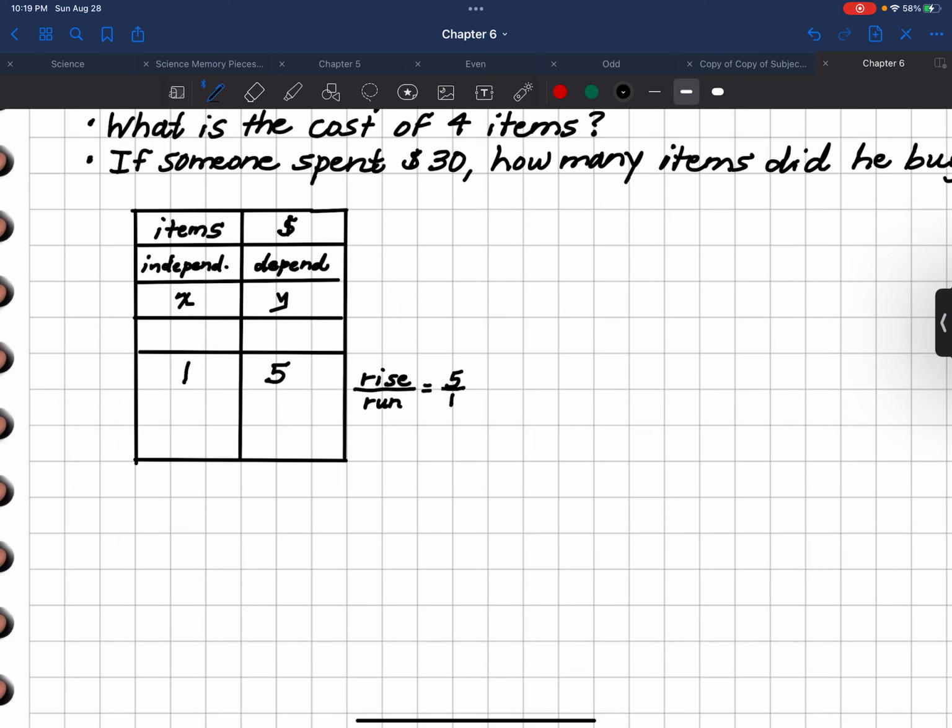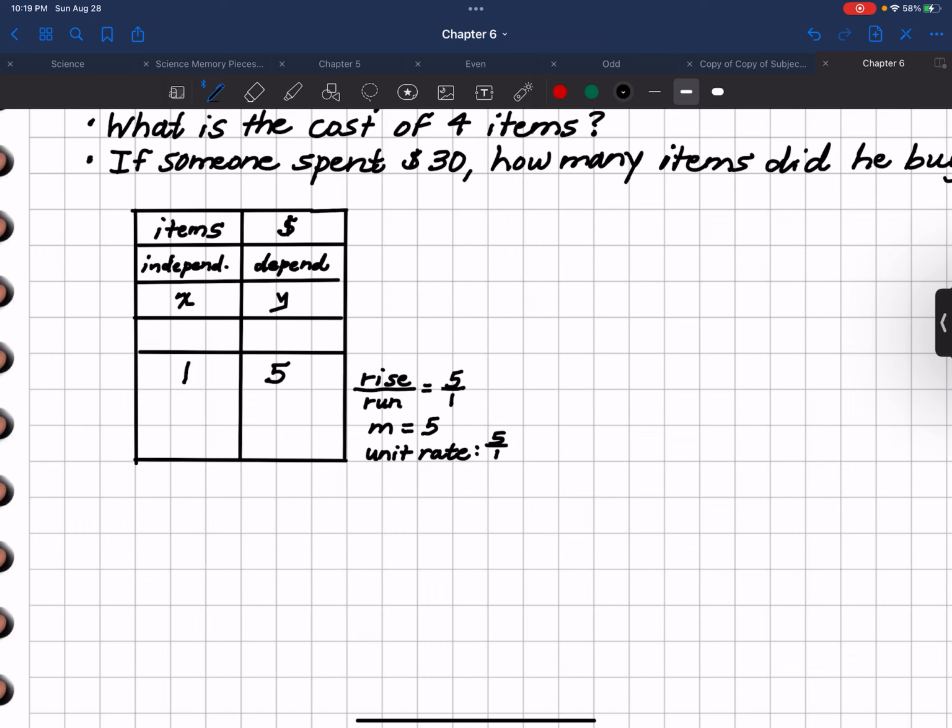So we could say that the slope here is 5. We could say the unit rate is 5 over 1. We could also say that the constant of proportionality is 5. That's the same as slope. But I won't get into that in this example. Let's just use unit rate and slope.